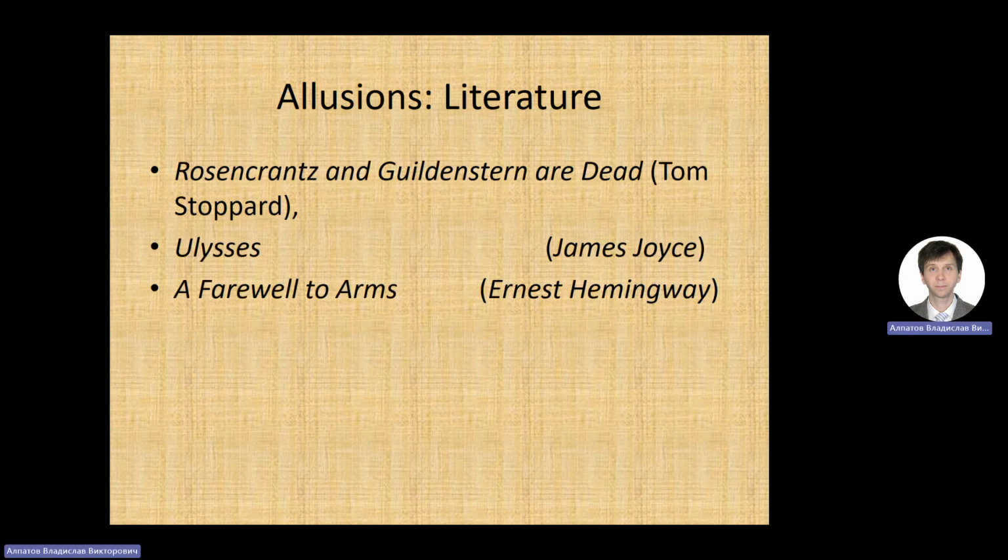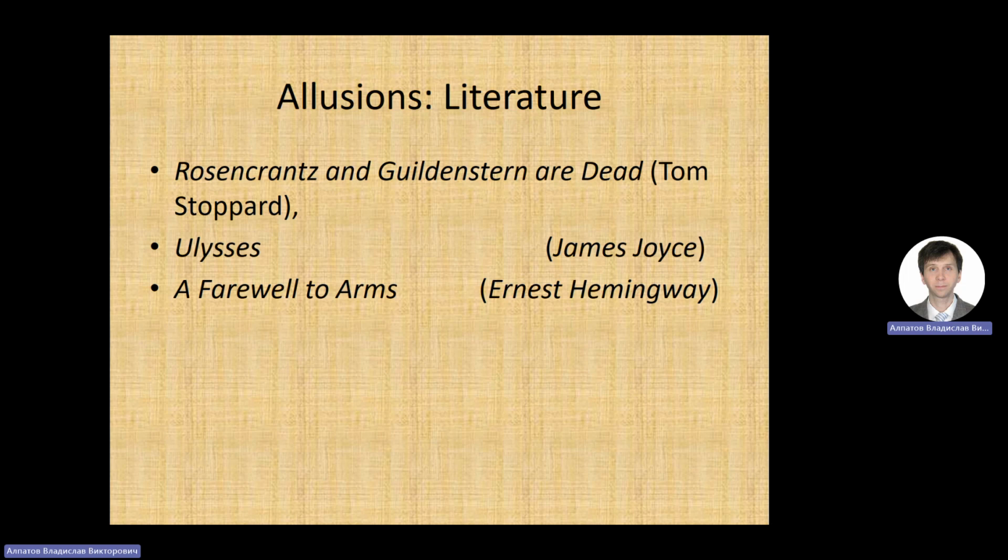Nowadays, literature has been passing recently through the stage of postmodernism, if you know this movement. And postmodernism is very heavily reliant on allusion and intertextuality as a method and as a dominant stylistic device.